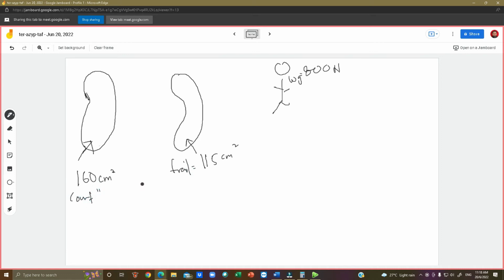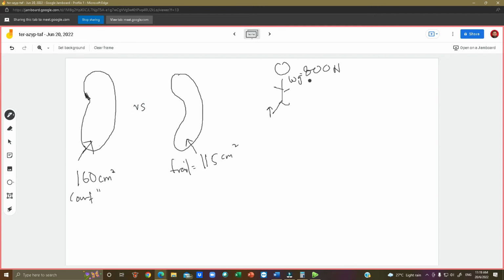So, how much force being exerted by each leg? Okay. If we assume that our weight being distributed equally, how much force, how much pressure being exerted by the leg if you are wearing court shoe compare if you are wearing trail shoe? Tu contoh soalan dia lah.